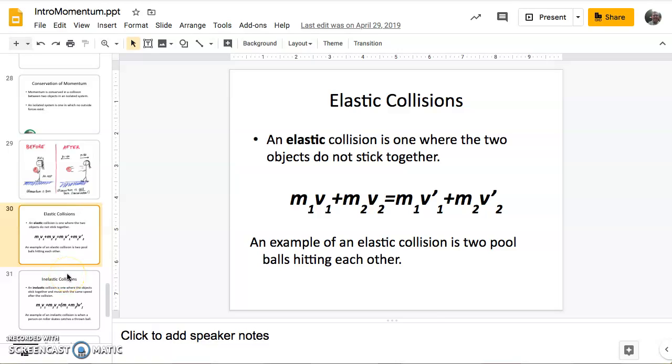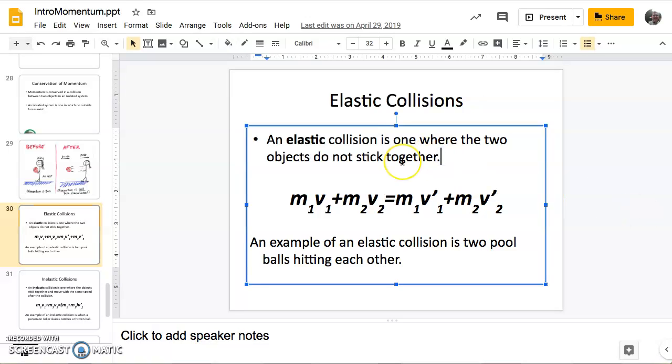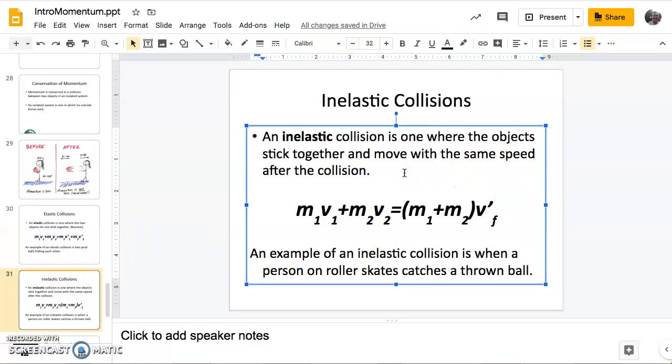We have two types of equations. We have elastic collisions and we have inelastic collisions, okay? Elastic collisions are when they do not stick together, and this means that they bounce. Inelastic is when they do stick together.